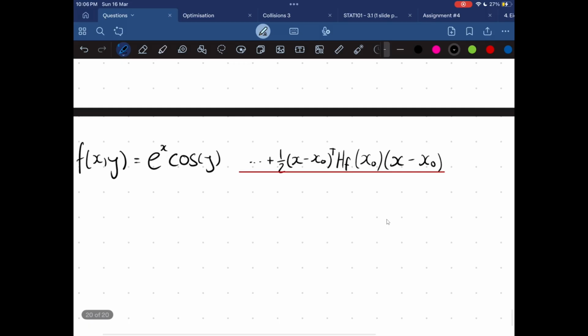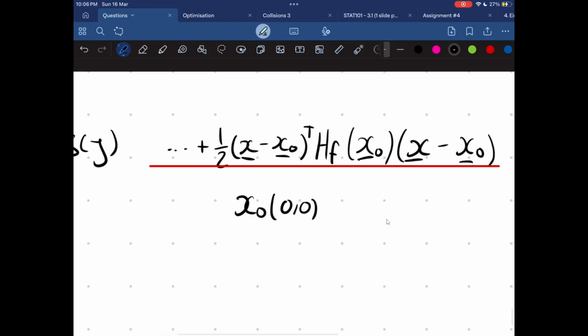So we have plus half times x minus x naught, and these are all vectors as well, I should say, times the Hessian matrix, which I'll go over once we get to that part, evaluated at the point x naught. Remember our point x naught, 0, 0, times x minus x naught.